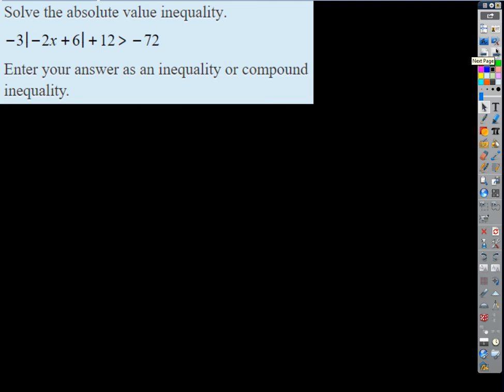What about this one? Subtract 12. Good. So we subtract 12, and I get negative 3 times the absolute value of negative 2x plus 6 is greater than negative 84.